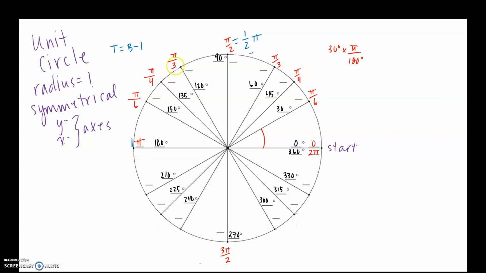For pi over 3, my top number is my bottom number minus 1. So 120 degrees is 2 pi over 3 radians. My top number is my bottom number minus 1. So 135 degrees is 3 pi over 4 radians. 150 degrees, my top number is my bottom number minus 1, would be 5 pi over 6 radians. Now, if you did this after the 7-1 video, through converting by pi over 180, then hopefully you got these correct answers if you did the simplifying correctly.